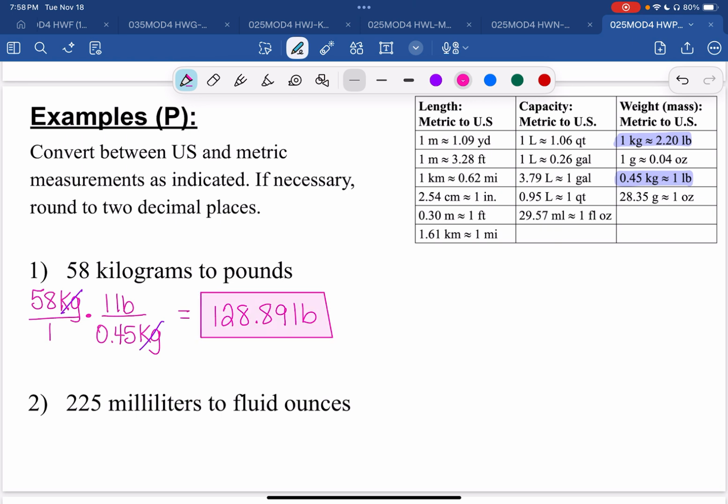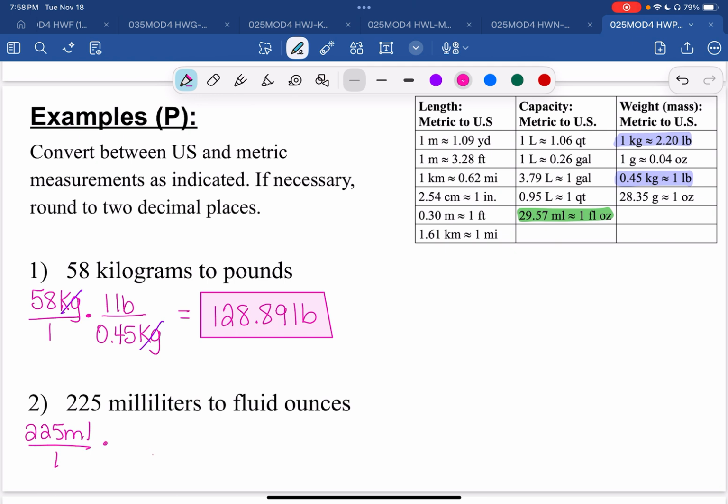Okay. Then if we look at milliliters to fluid ounces, that's our capacity. So I'm going to find milliliters to fluid ounces, right here. That's the one I'm going to be using. I can start out by saying 225 milliliters.